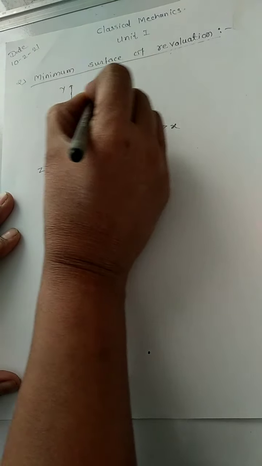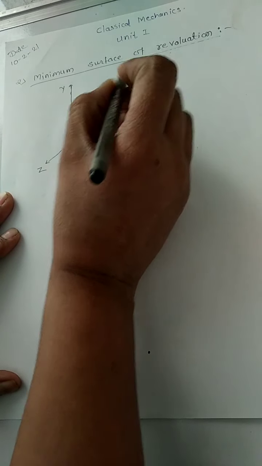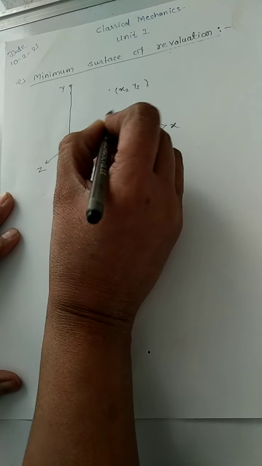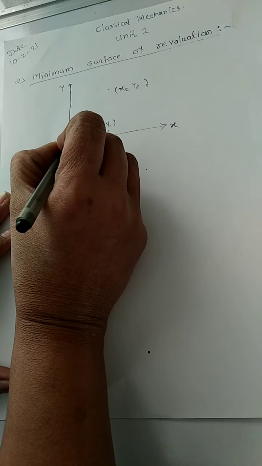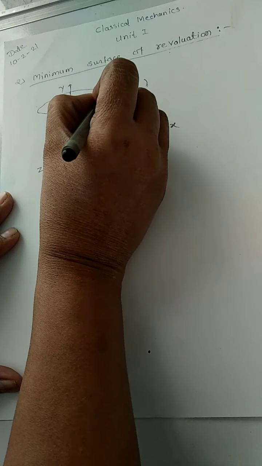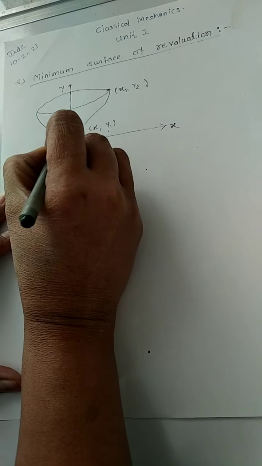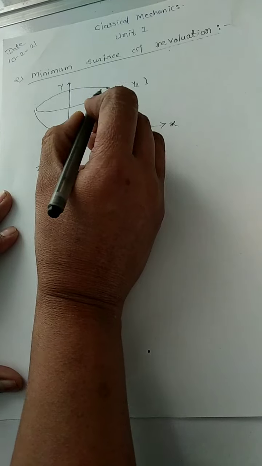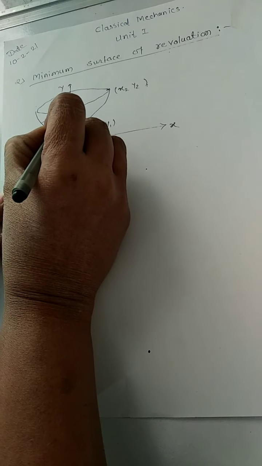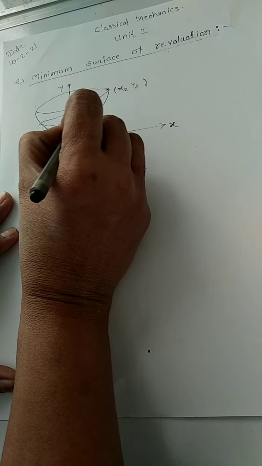Consider 2 points here, 1 point here, coordinate is x2, y2, and here 1 point, that is x1, y1 coordinate. And here the revolution is given by that diagram.